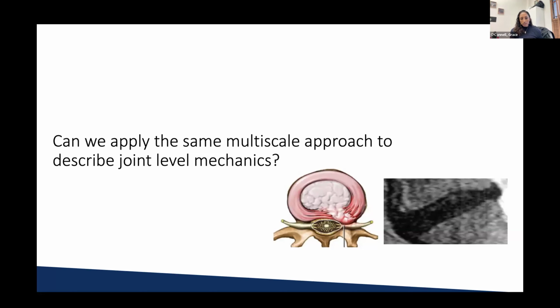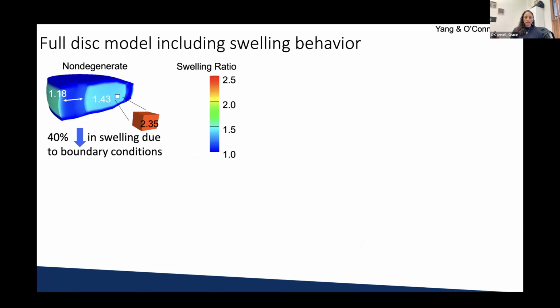When we developed our model, we included a lot of experimental data from the literature. And once we convinced ourselves that it was a good model at the tissue level, we then wanted to take the same approach to the joint level to see if we could replicate joint level mechanics.